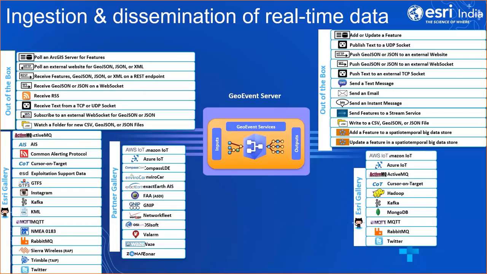Apart from this, we have our own Esri gallery and the partner gallery. You can see in the slide, these are actually custom-made connectors. Say, for example, for Exact Earth AIS, or even for Spire, we have a connector available.